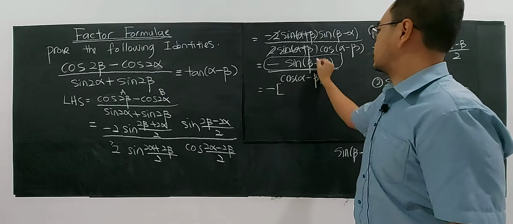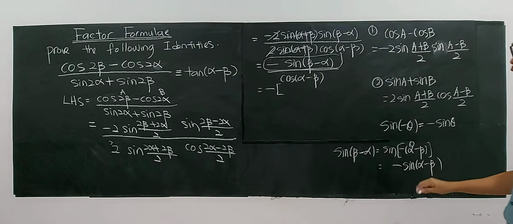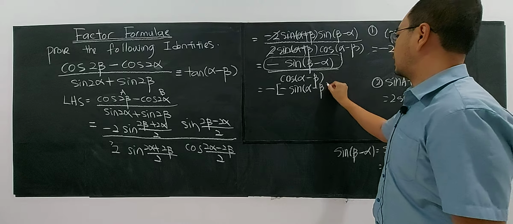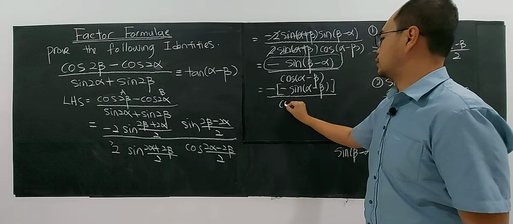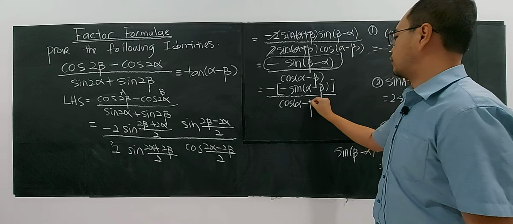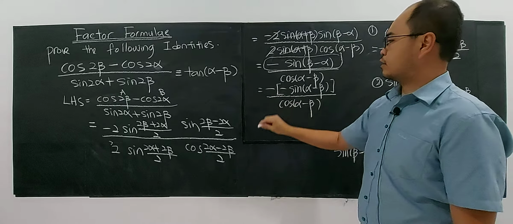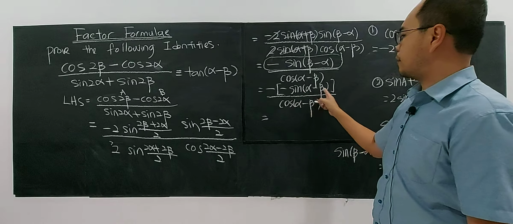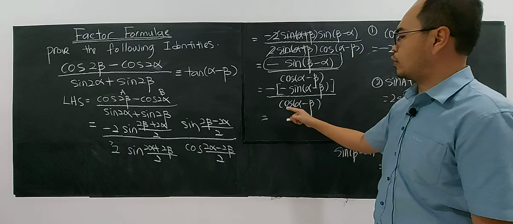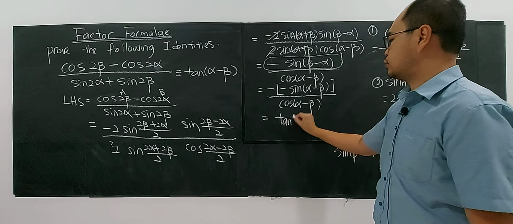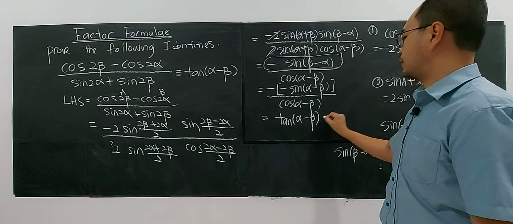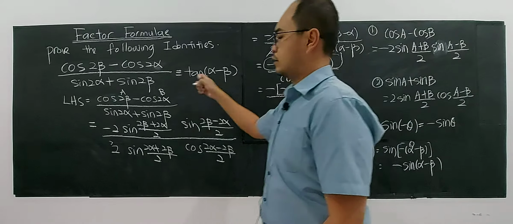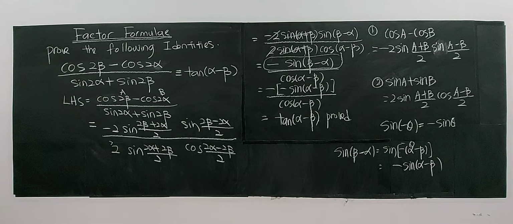So sin beta minus alpha is negative sin alpha minus beta, according to the negative angle formula. Over cos alpha minus beta, negative negative gives positive. Sin over cos gives tan alpha minus beta. Then you have proved this identity is true.